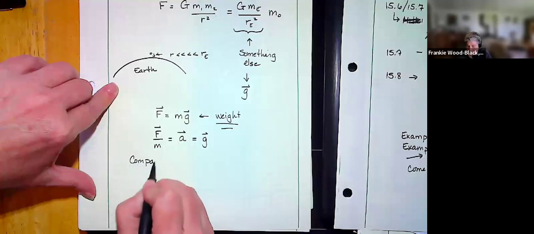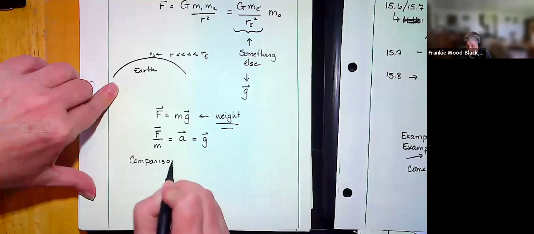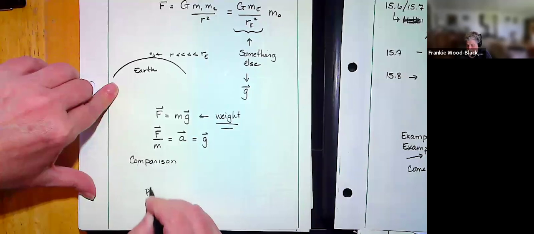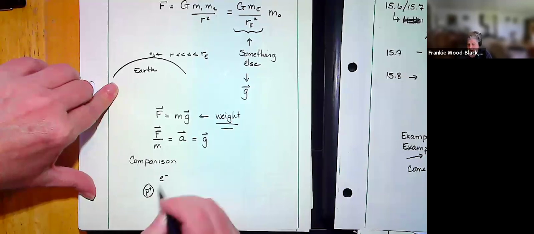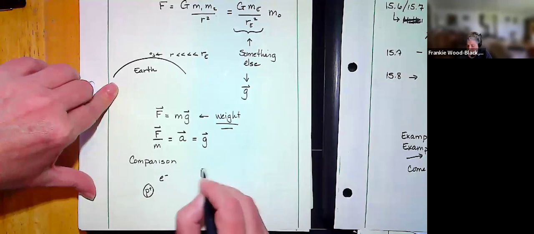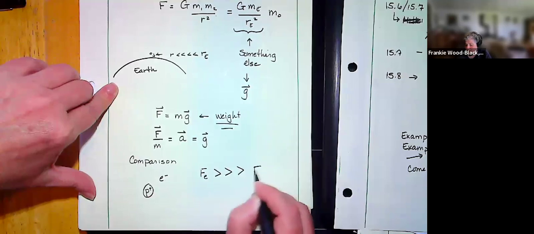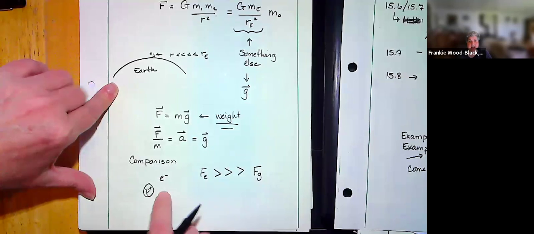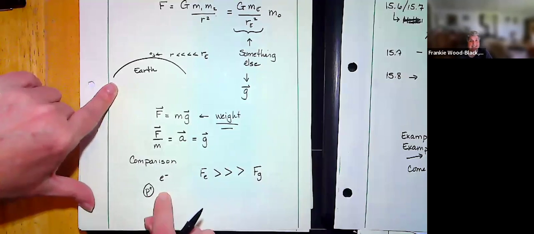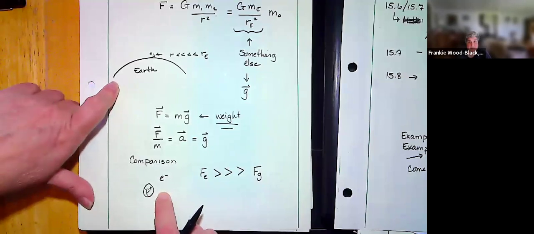And again, I encourage you to go watch that video, that if I look at my proton, which is positive, with my electron here, the force due to the electric force is much, much greater than the gravitational force. In fact, inside the atom, I can disregard gravity altogether.